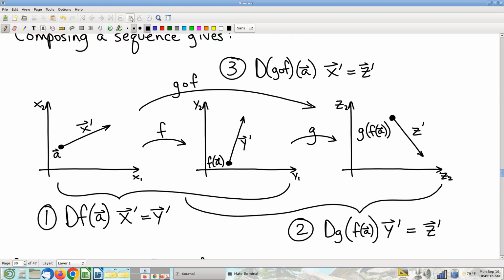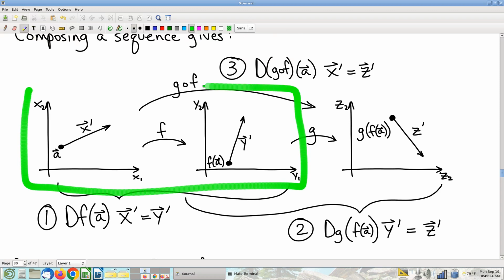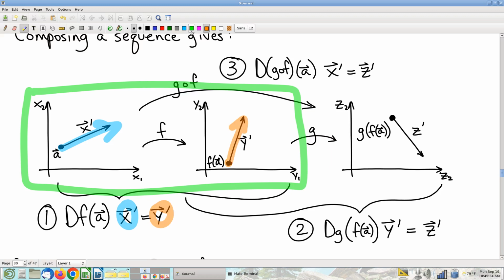One other little detail: we've got to talk about these derivatives and where they're evaluated. Starting with F, the thing that relates input velocity to output velocity is the derivative. Sure, the derivative, but evaluated where? At which point do I plug into this matrix df to get the thing that multiplies this vector to give me that vector?